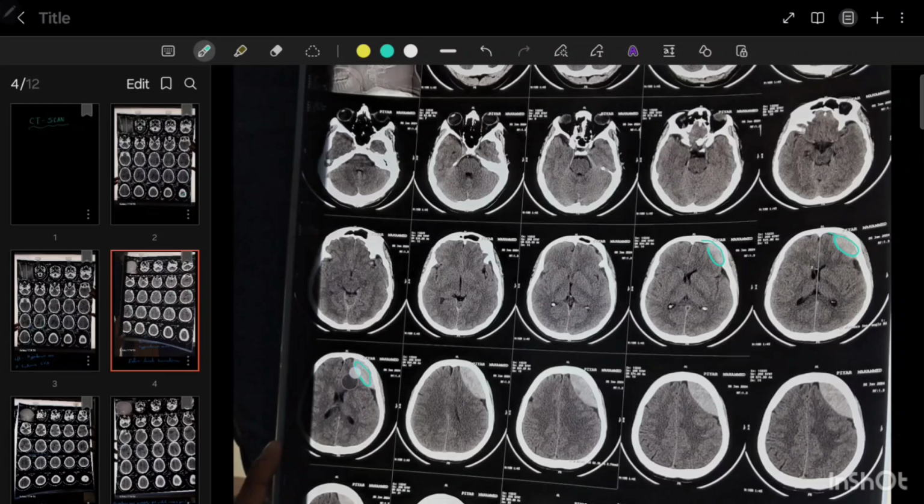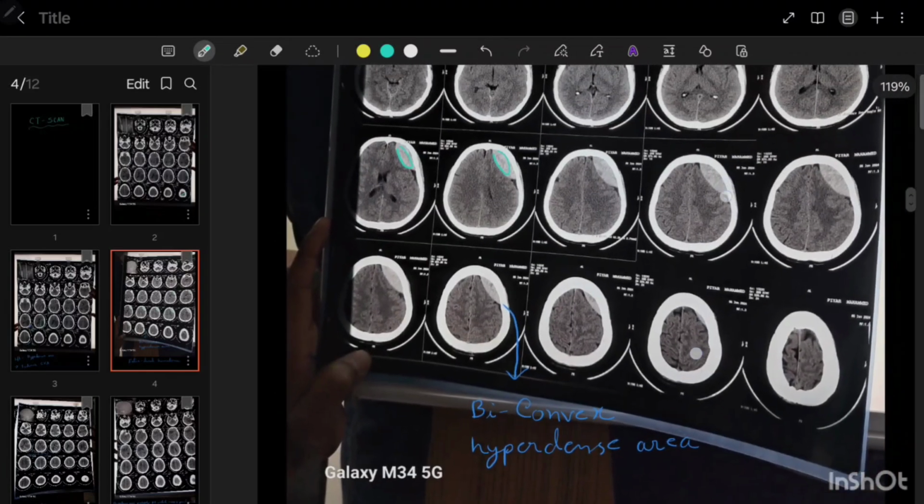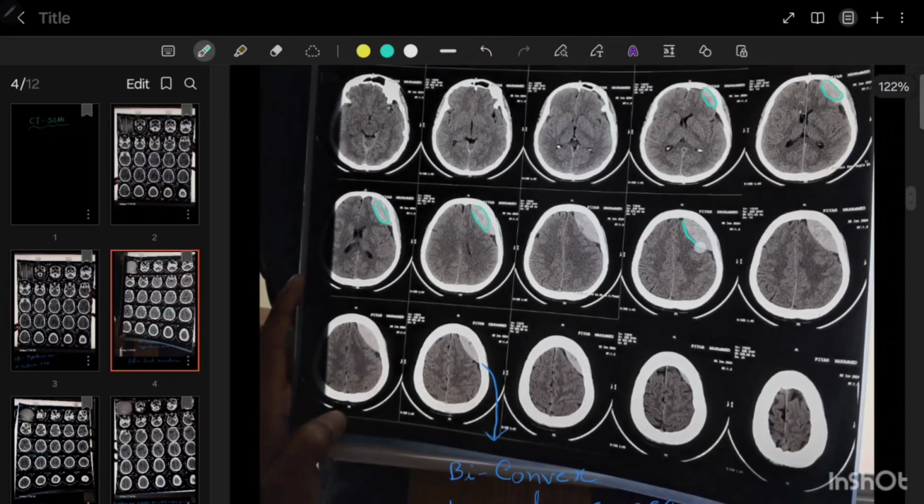Hyperdense signifies that there is bleeding or any clot present. These are the hyperdense areas on the left frontal side, and you can see the biconvex shape, okay, biconvex shape.